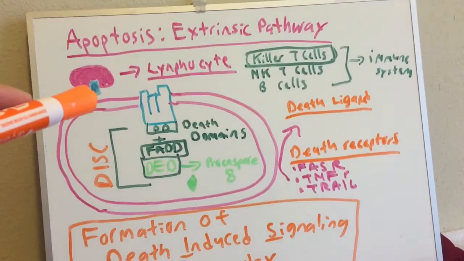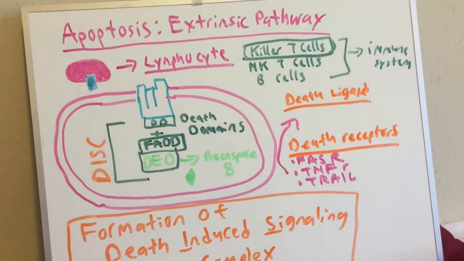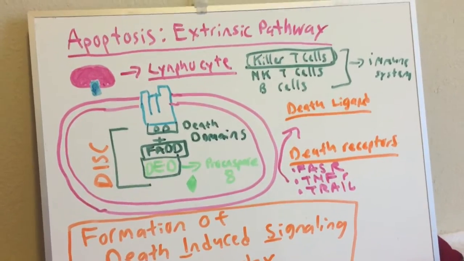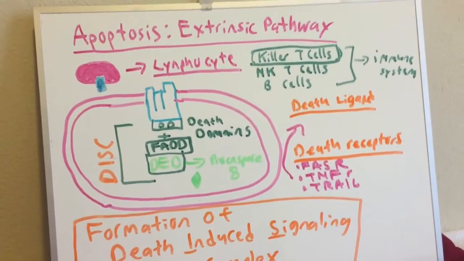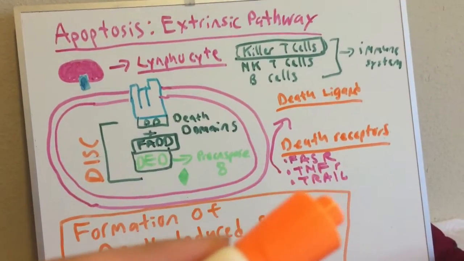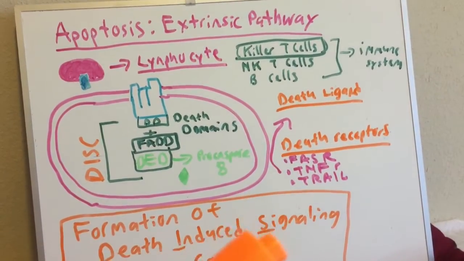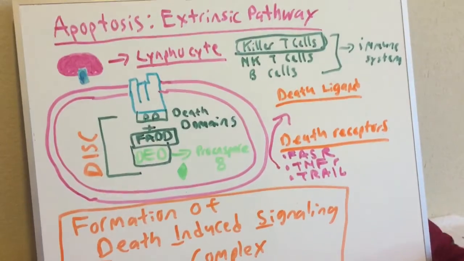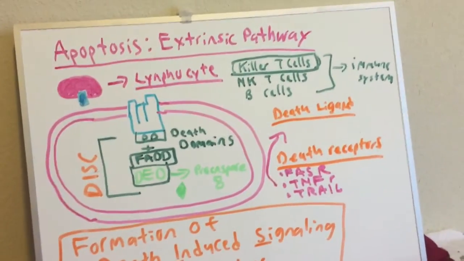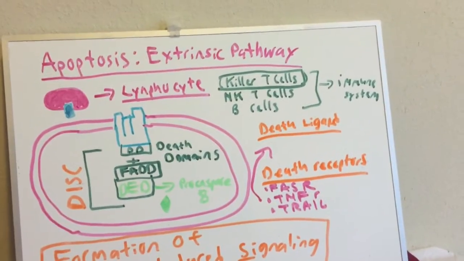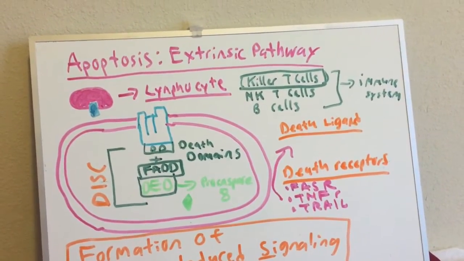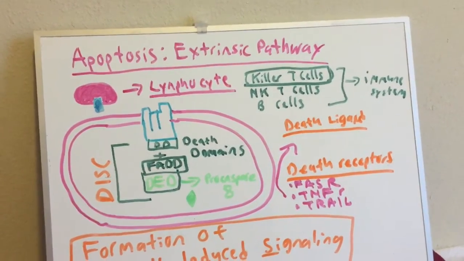Some of the commonly known receptors in apoptosis involve FAS, tumor necrosis factor, and TRAIL. These belong to the TNF family, and they all have their own specific death ligand that binds to them to start this pathway.